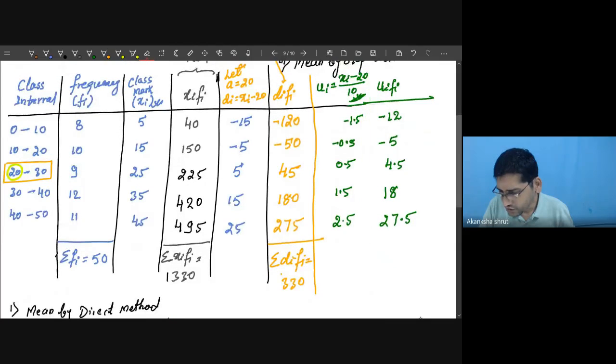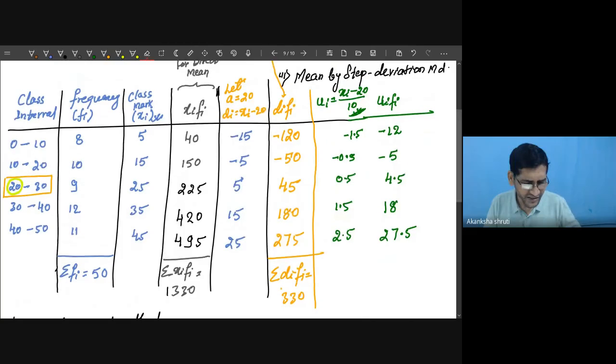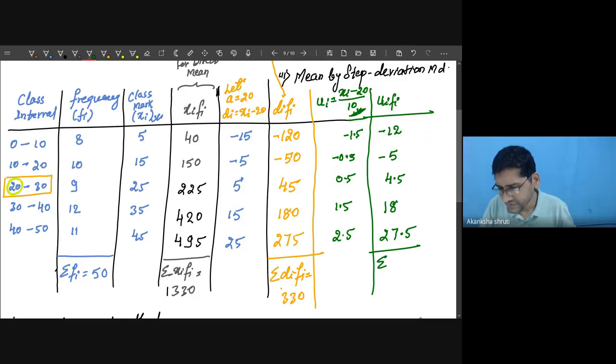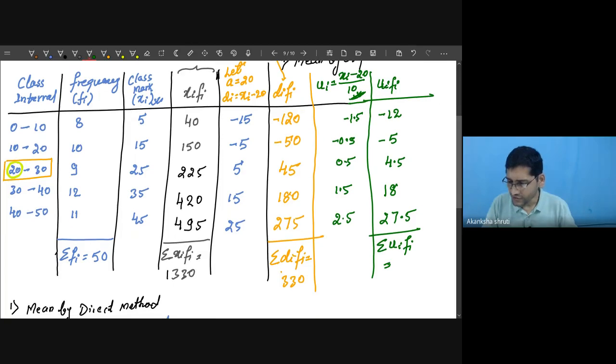Now we need to find the value of summation of ui fi. Keep in mind, go for adding this. Some of these are negative, some of these are positive. You can get it very easily. It becomes 33 only.